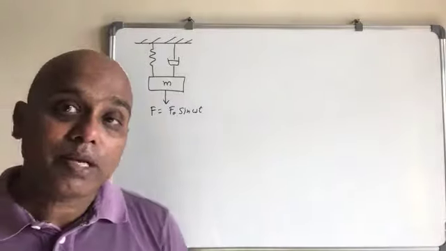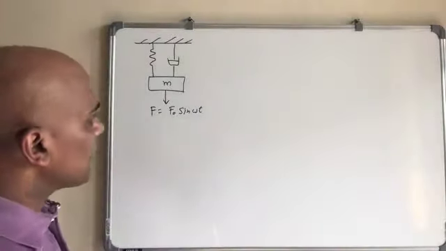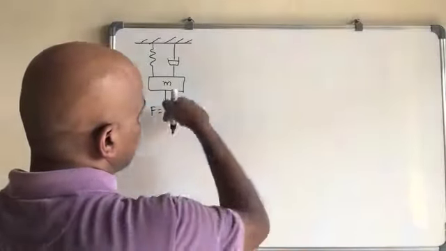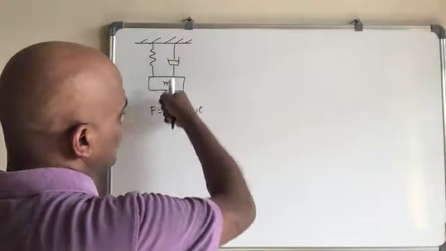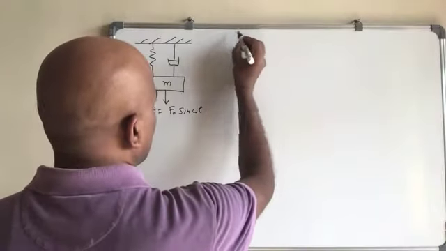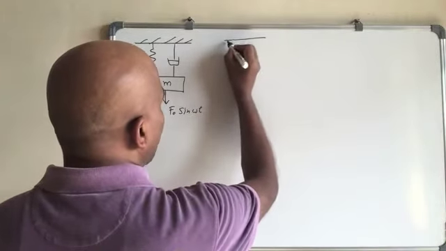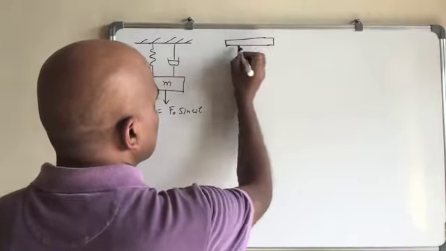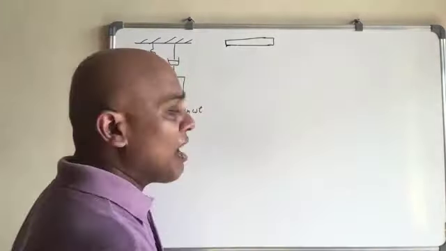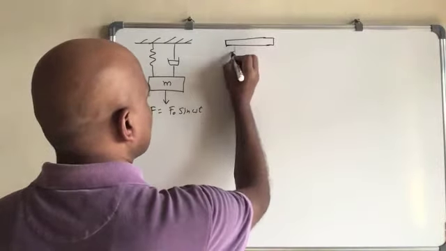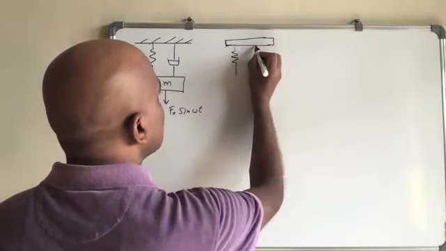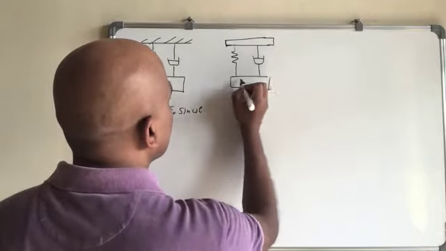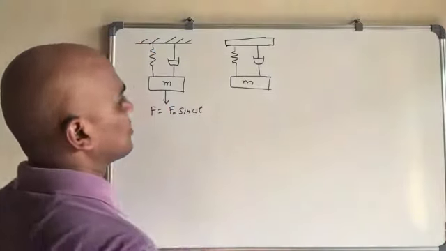Now what if we don't have exactly this? Since we have to apply a force here, typically what you have is a frame here which will move up and down.